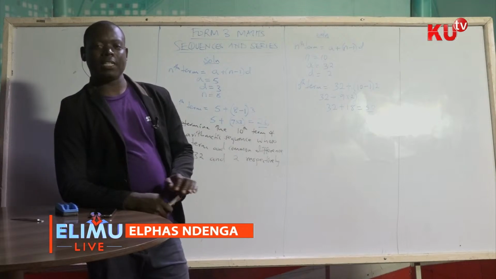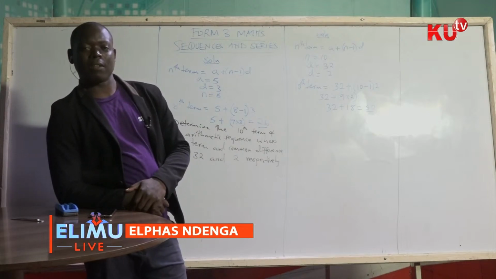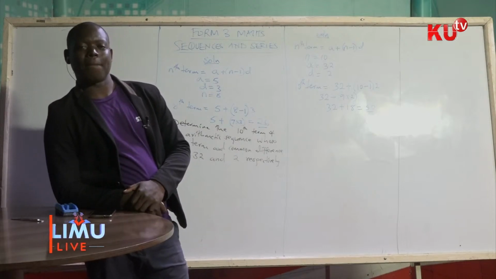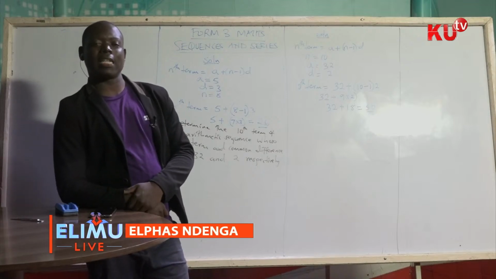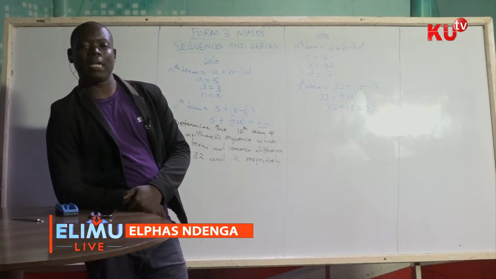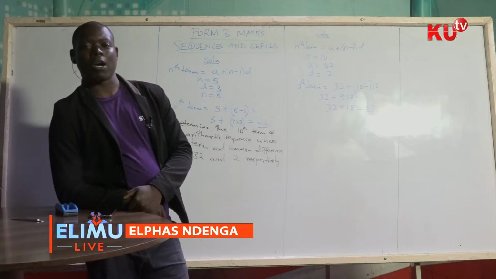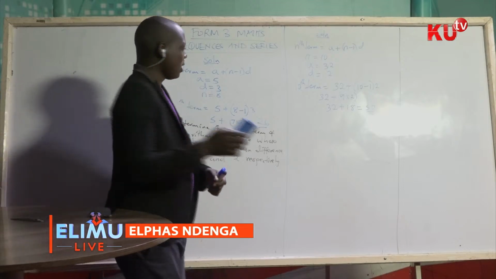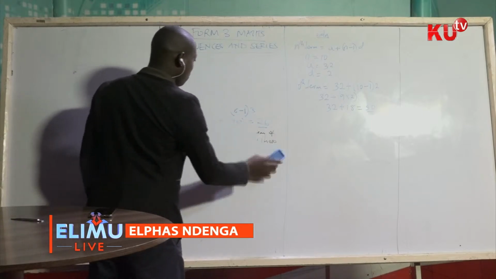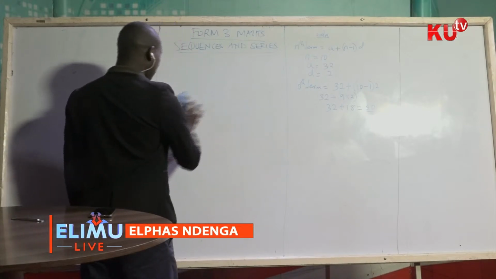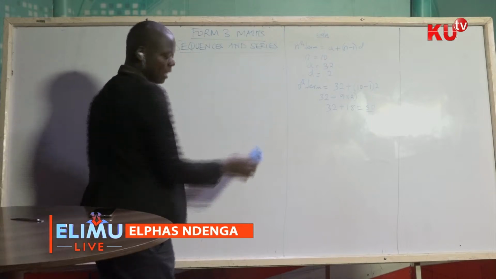What did we say geometric sequence is, students? Good. We said it's a sequence that is characterized by what we call the common ratio. So what is this common ratio?